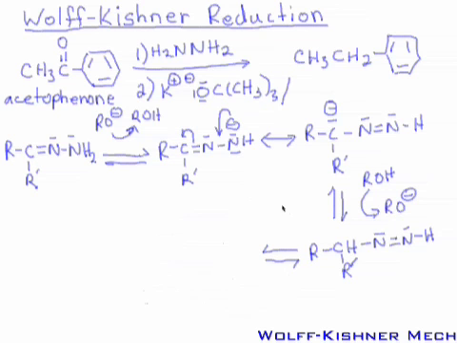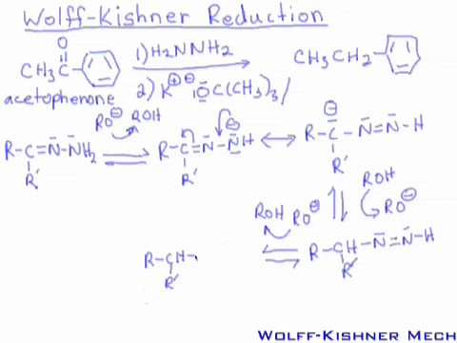so we'll have RO minus come in, produce ROH, and we get the proton being pulled off, RCH, R prime.